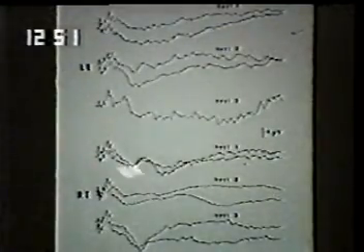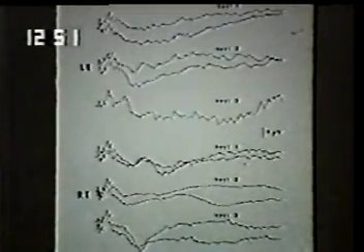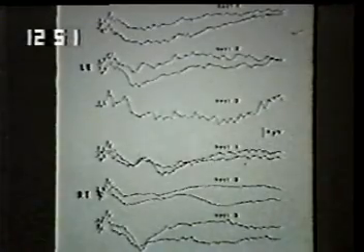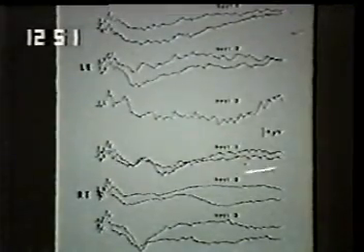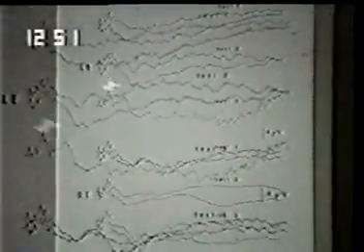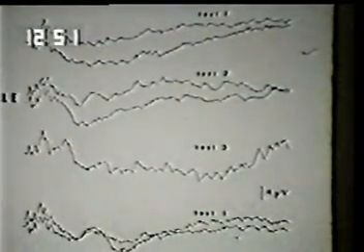This is unique: there are two cases in the literature, one by Özdamar and Kraus, and the other by Graham, where cortical deafness revealed a total absence of the middle latency responses, while the brainstem auditory evoked potential, which are small here, you have to look, are present.